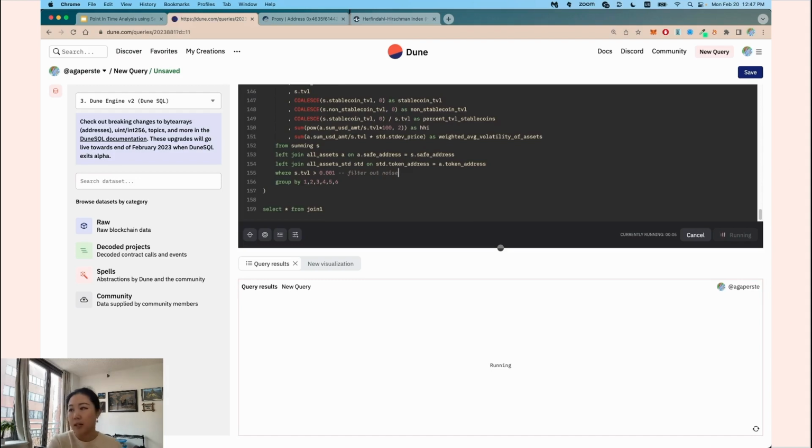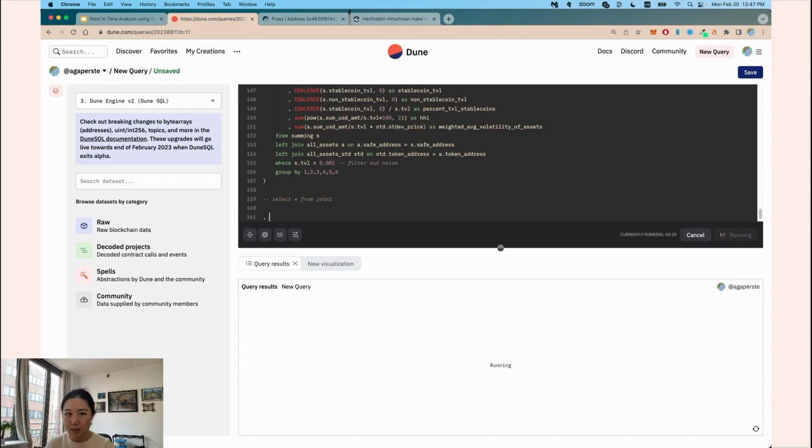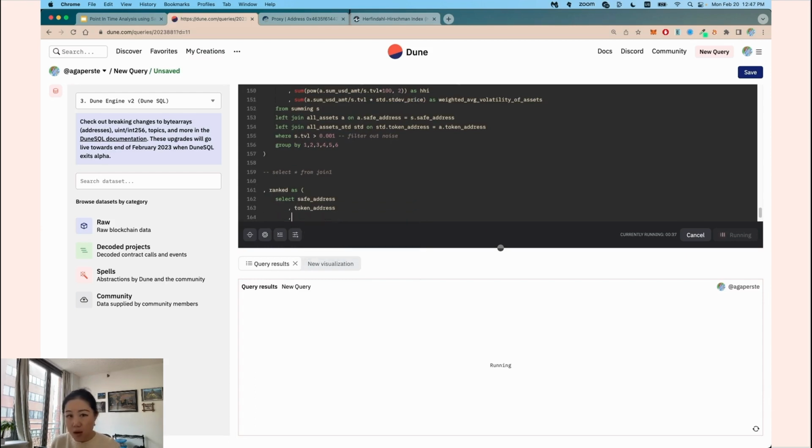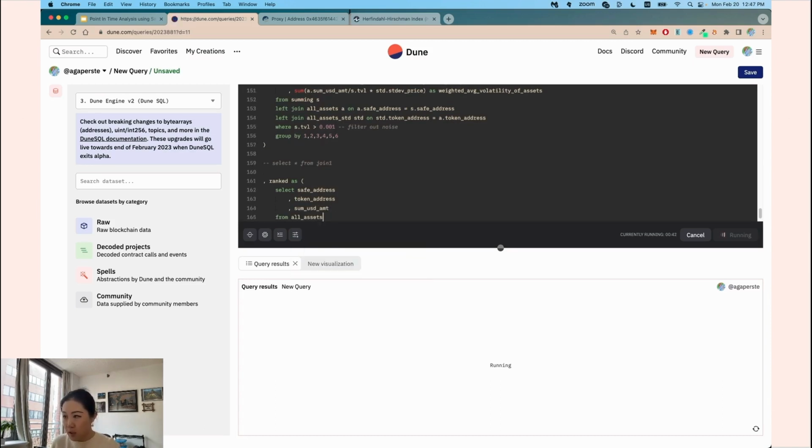And then while it's running, let's build out the ranked subquery because we need to rank the assets and then get the top n assets. So ranked as select from all the assets we already grabbed. So safe address, and then we want to get the token address as well, and then the sum USD amount for each token.